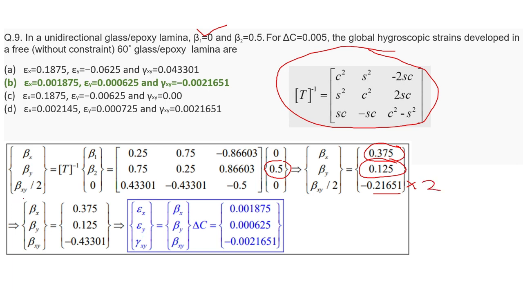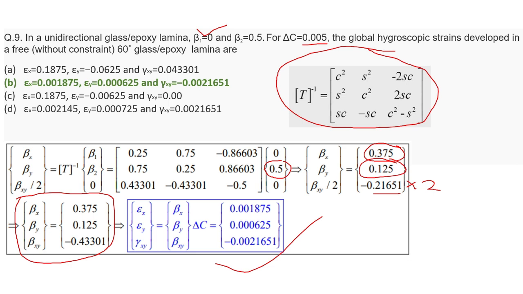And from that we will first get the value of beta in the global axis. Now we have the values of beta in the global axis, and we also know the value of delta C, that is equal to 0.005. Multiplying those two, we can get the strains in the global axis. So directly multiplying beta x into del C, we will get epsilon x, beta y into del C gives epsilon y, and beta xy into del C gives gamma xy.